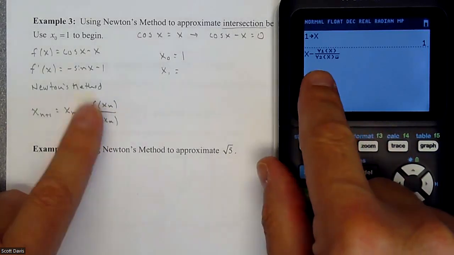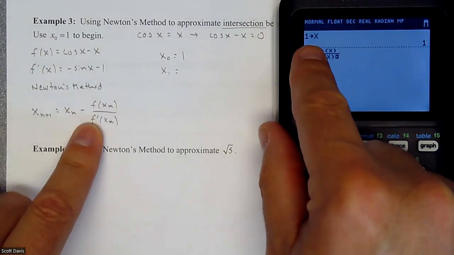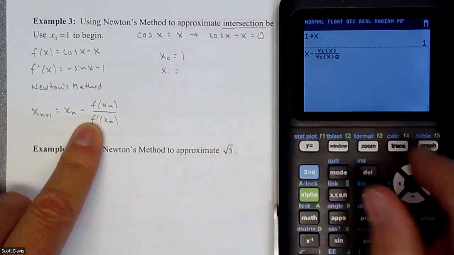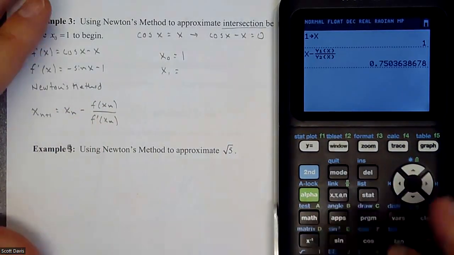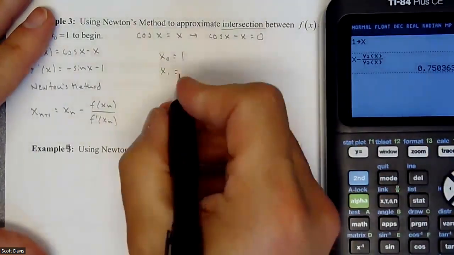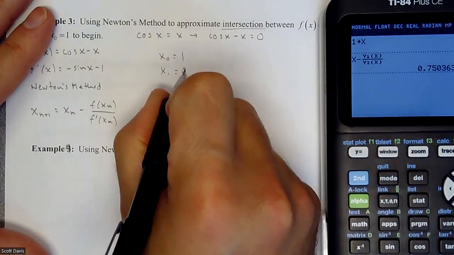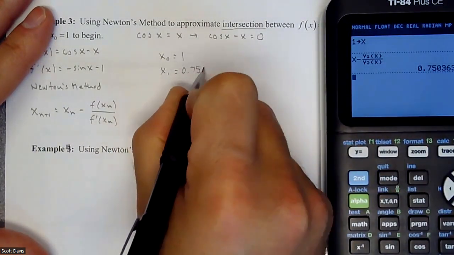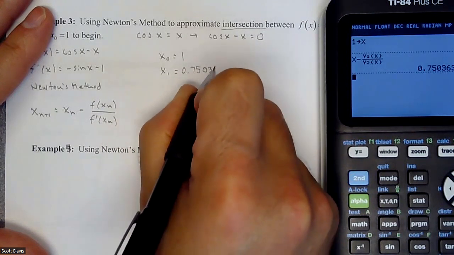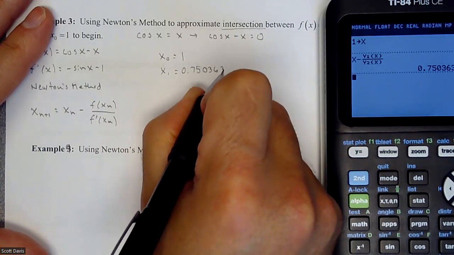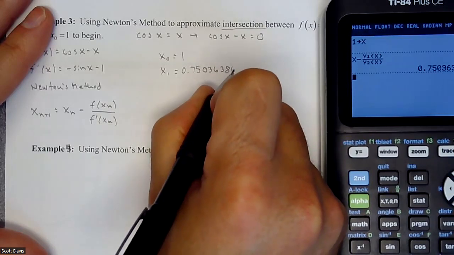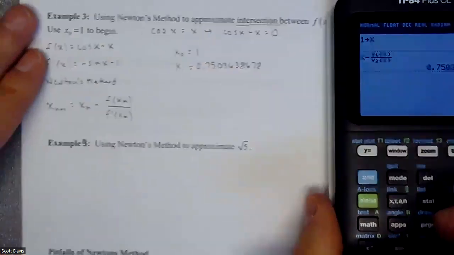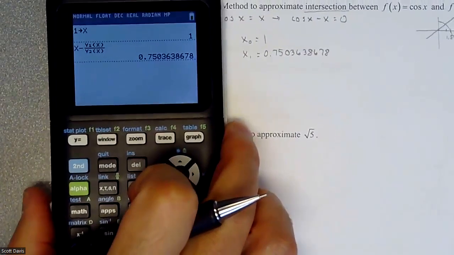And there's my Newton's method. I already stored the 1 in, so it's going to run that and give me an x value: 0.750363867.